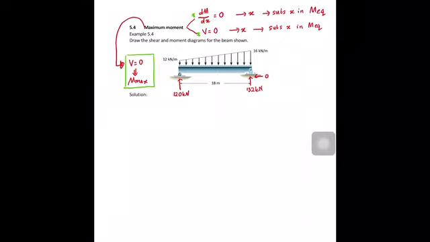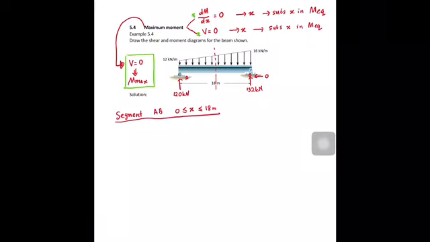Okay, so here we cut between A and B, so I name them point A and point B. This one is for segment AB, where the distance x should be greater than 0 and smaller than 18 meters.